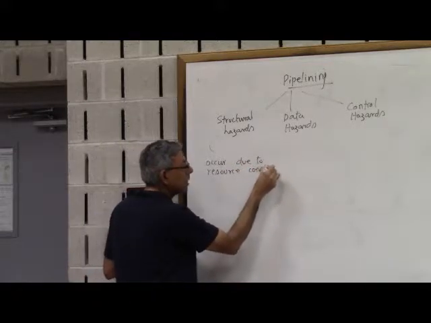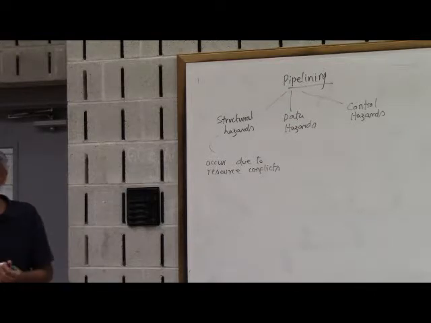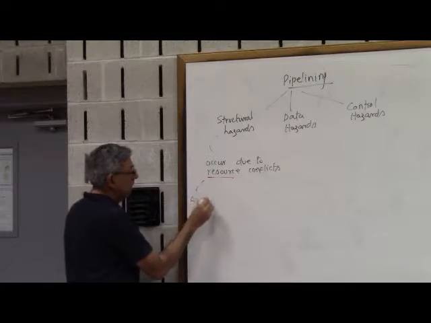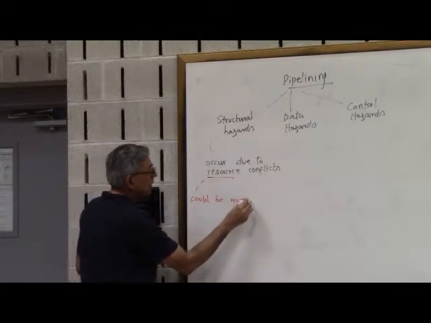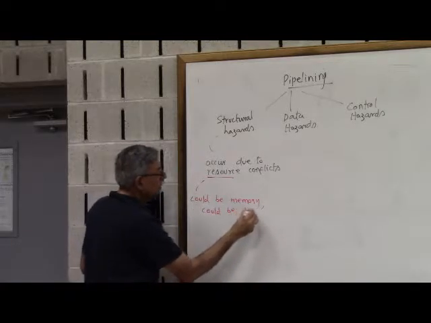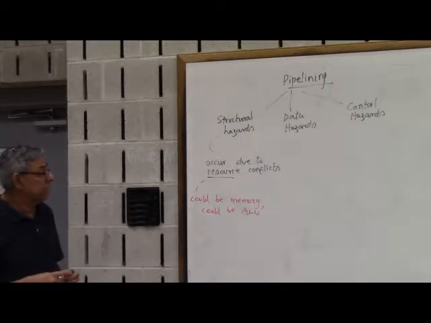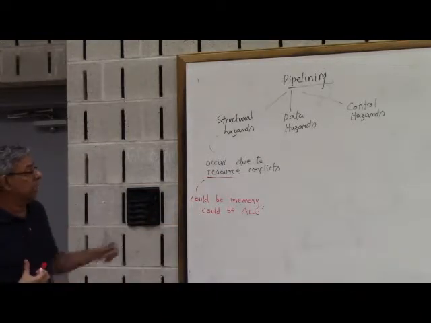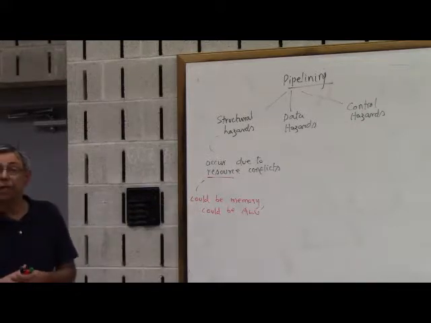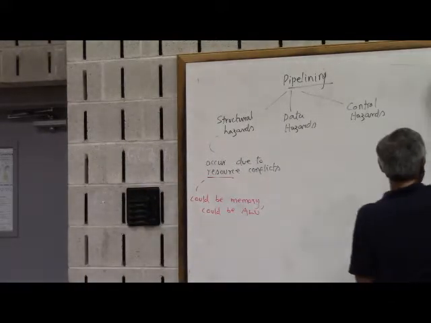So within the same clock cycle, if we are trying to access a resource, could be memory, could be ALU, or any other hardware inside the CPU, and we have a single resource, obviously we have a conflict, right?